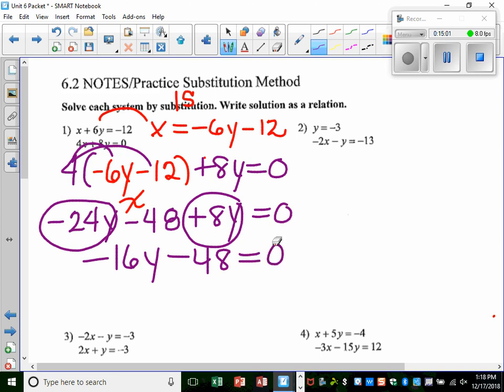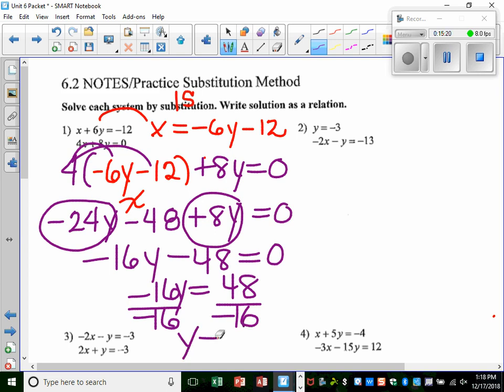Okay, continue solving, because that's all we're doing now, just solving a basic equation. Negative 16y equals 48. Just move it to the other side. Divide by negative 16. All we're doing is solving. We're still on step 3. So y equals negative what? 3. Very good. Okay, so that is step 3, just solving it.